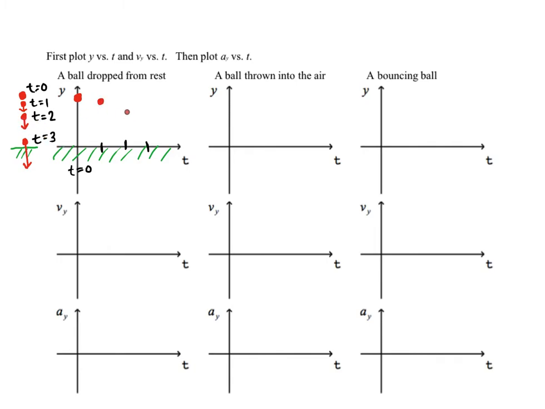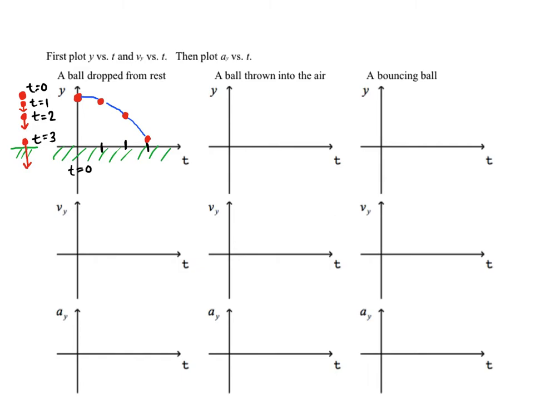At t equals 2, it can fall more. And then at t equals 3, it should be on the ground. So we're actually looking for a parabola shape here. And that's the graph.